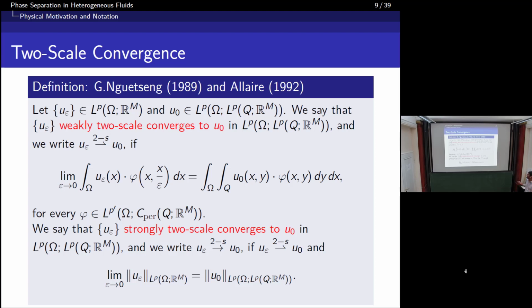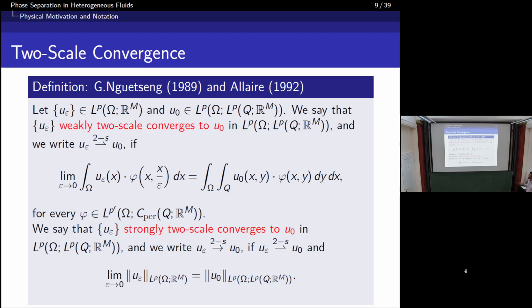But with the cost that you double your domain space. So you have a fast variable y, which encodes information about the microstructure, and then a slow variable x, which encodes information about the macroscopic average domain.